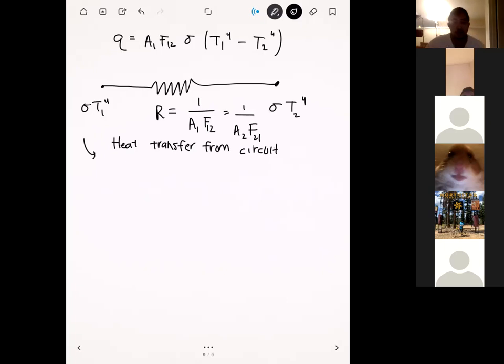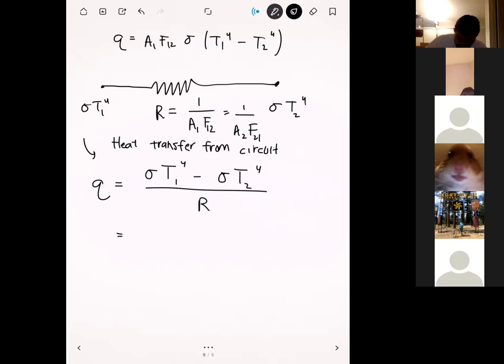Just like we did with convection, we're going to take a difference between the nodal values. The nodal value is sigma T1 to the fourth minus the other nodal value, sigma T2 to the fourth, and we're going to divide all of that by the resistance.